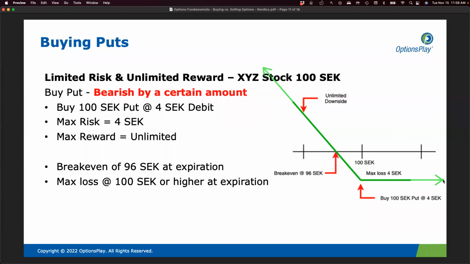For many investors looking at this for the first time, it seems very attractive, but just like buying a call option, what you pay for that put option, you have to overcome in the stock moving lower beyond that level just to break even.